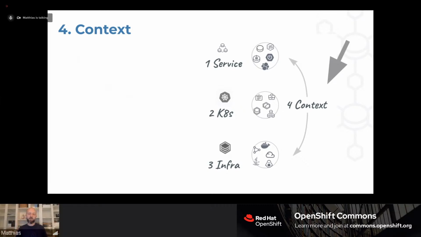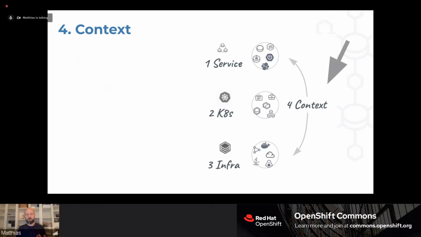Now, what do we do with the context? How do we stitch these things together? That's something that we within Instana have basically built our tool upon, but it's something that you can also do yourself.